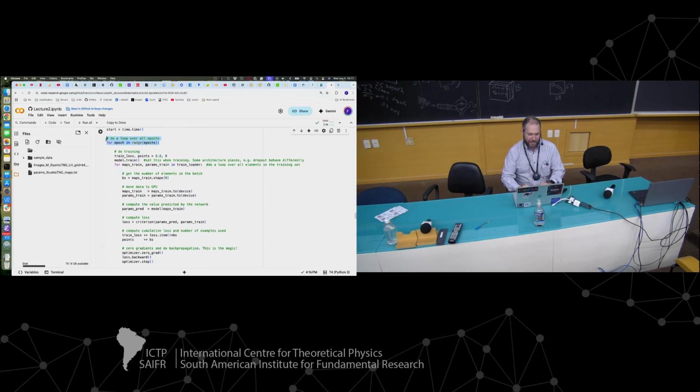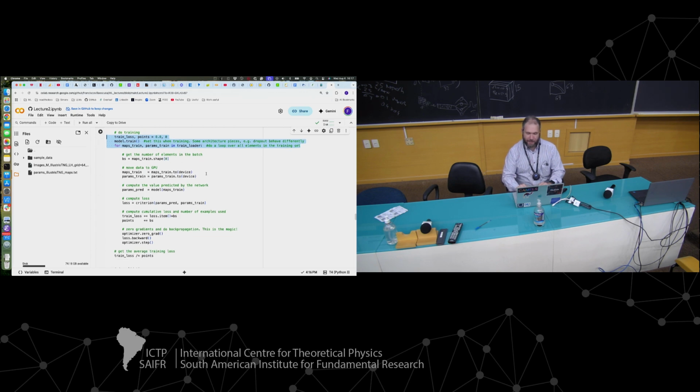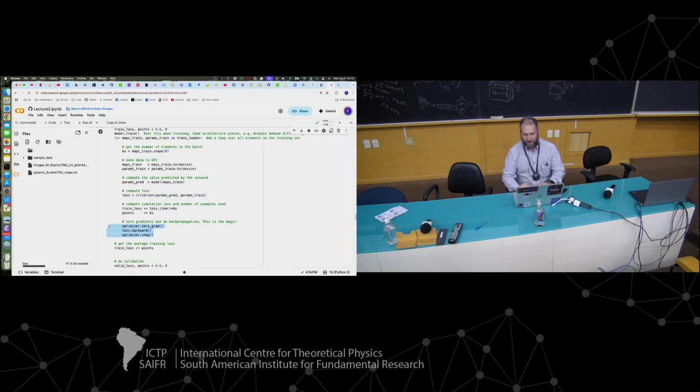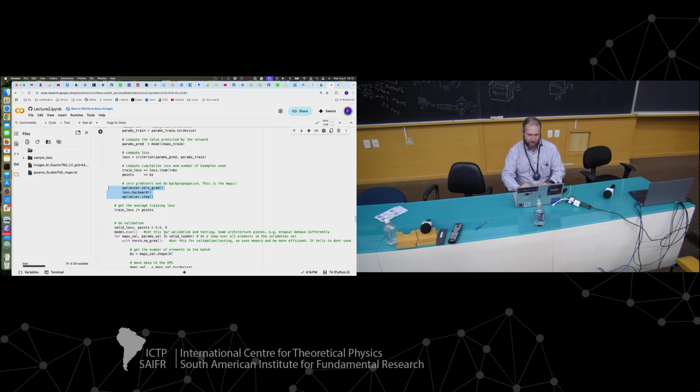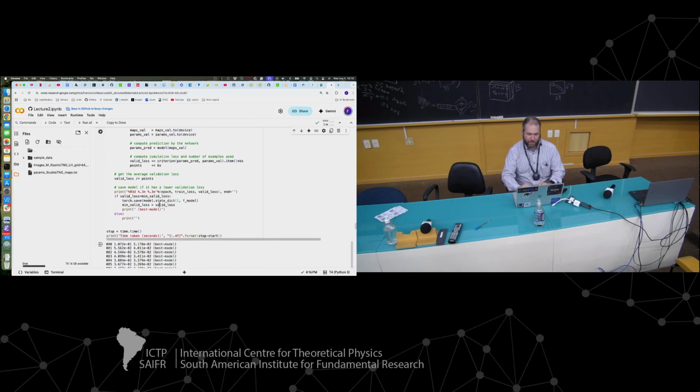All right, so let's train. The same thing as yesterday, we do a loop over the number of epochs. We do a loop over the number of batches for every epoch. Here we are taking the maps, we are taking the parameters, we are computing the loss function, and then all the magic happens here, where we are updating the weights. The same thing for validation.